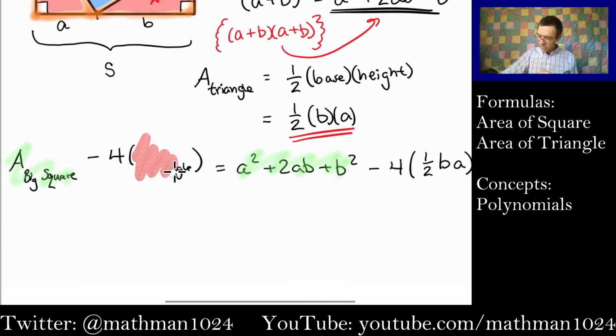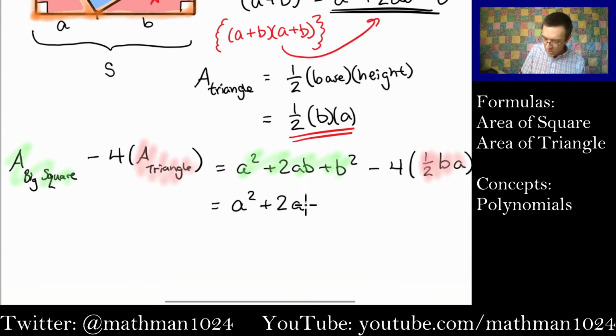So the area of the triangle is 1/2 base times, or b times a. And let's simplify this. So we really just need to keep writing down the a squared plus 2ab plus b squared minus, now when you do the multiplication here, 4 times 1/2, well, 4 halves just gives us 2.